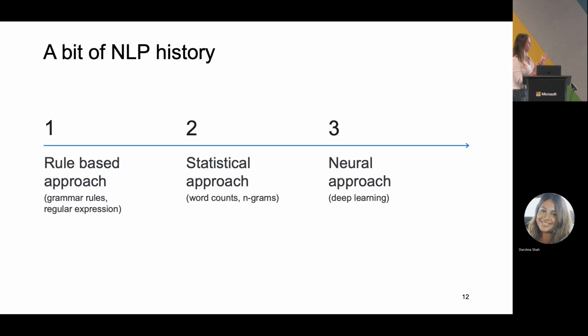And this is when it was really popular to train machine learning algorithms, but it was not neural networks like right now. Basically, a lot of statistical approaches using word counts, n-gram approaches. So you train a model on some data sets, it learns some statistics, and then you basically do some prediction.